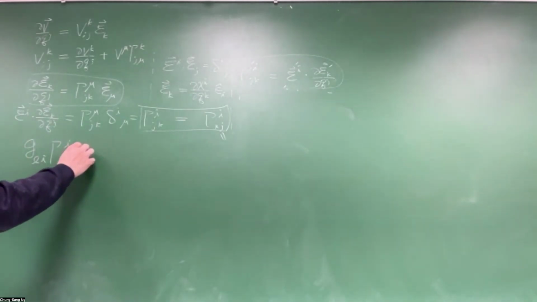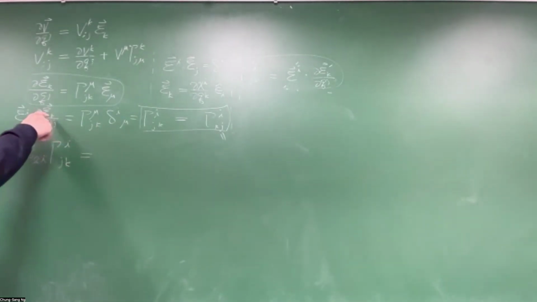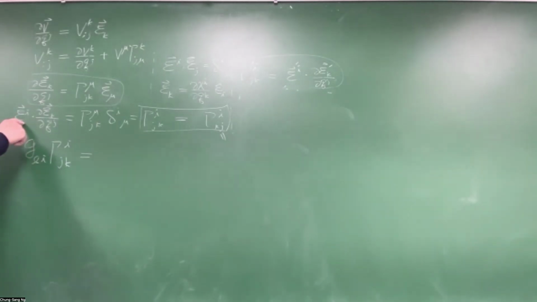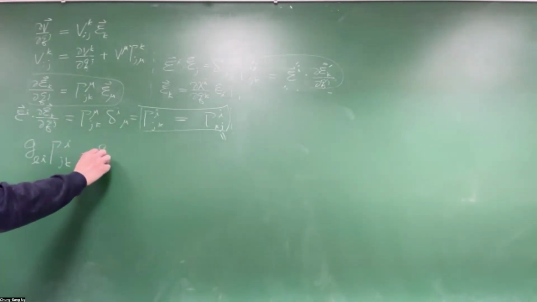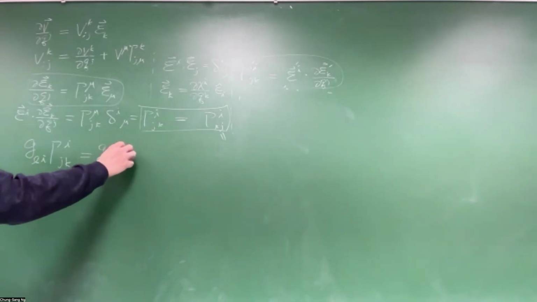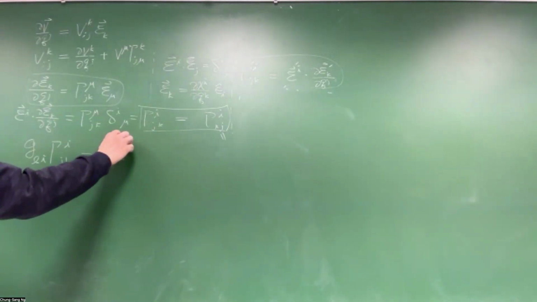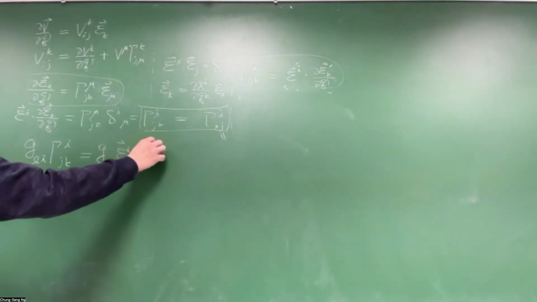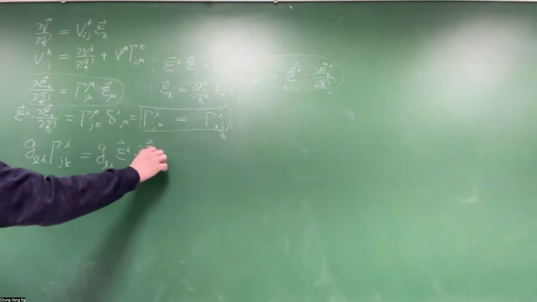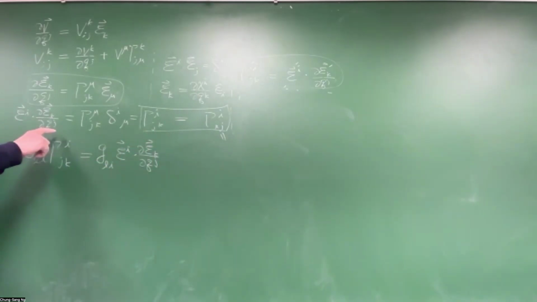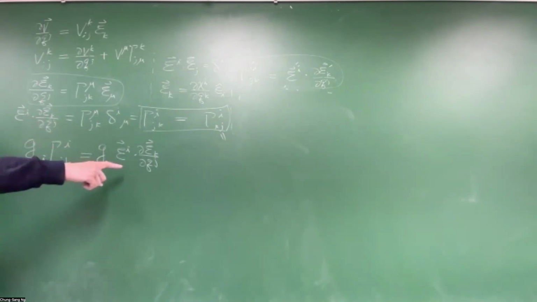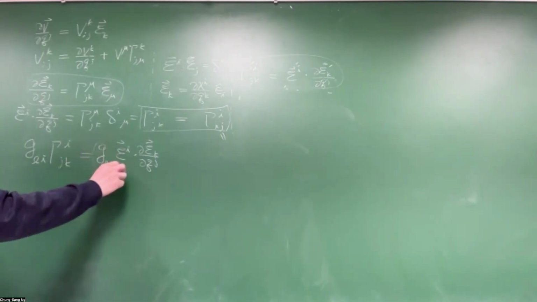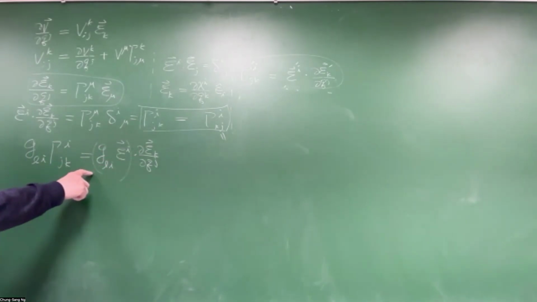And you can see how you do that by using this definition. So we have G L I epsilon I dot E epsilon K. Let's use this equals to that and substitute in here. We get this one. And now this contraction we already worked out.